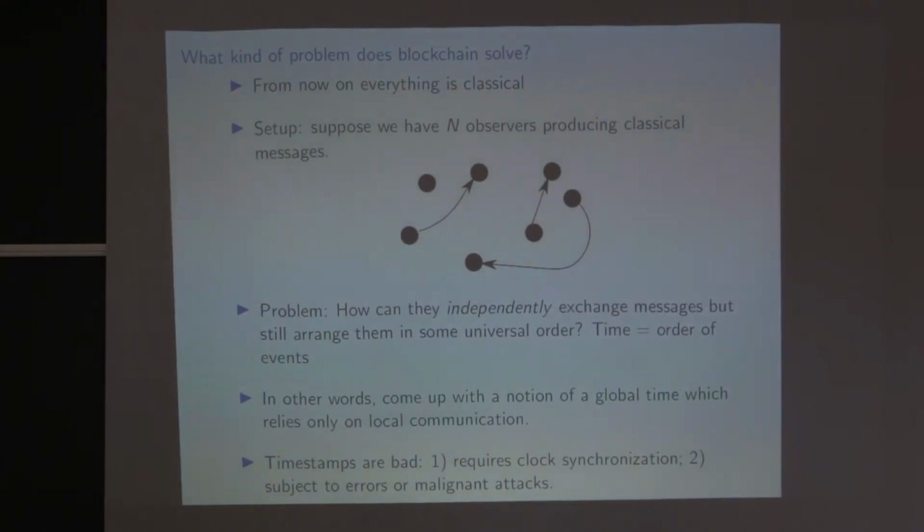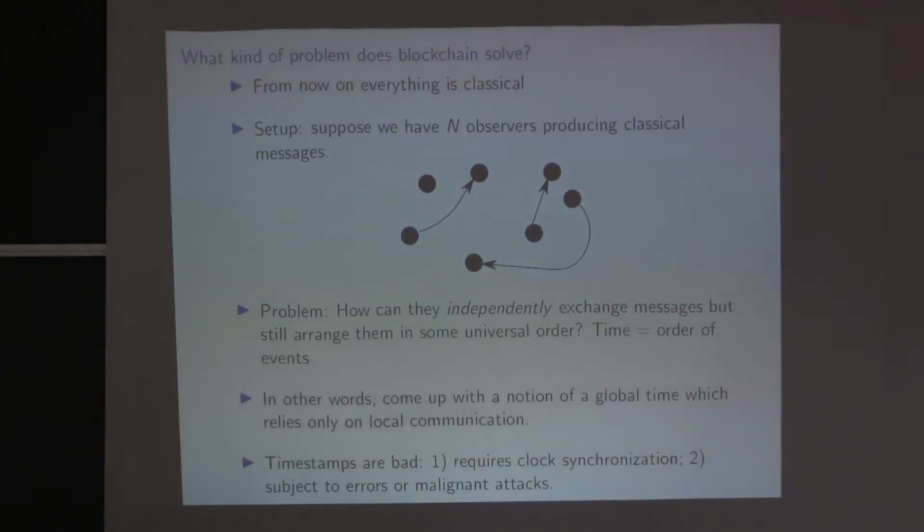And then we ask, how can they still arrange these messages in some fixed order? For me, time would be nothing more than the ability to arrange the messages in some fixed and unambiguous order, which is the same for all observers.